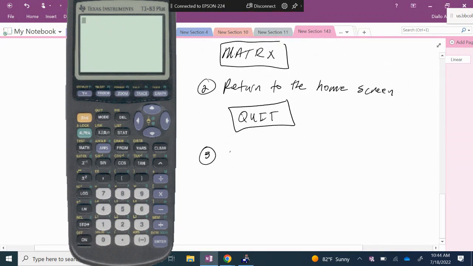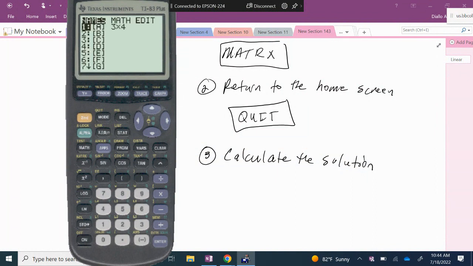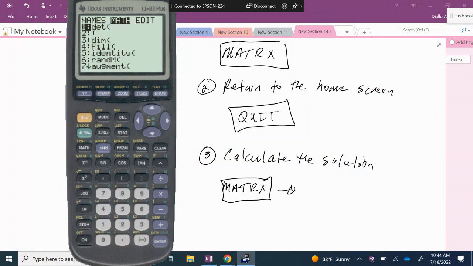And now the next thing we want to do is calculate the solution. All right, so I'm going to go back in the matrix. I'm going to scroll over to math.